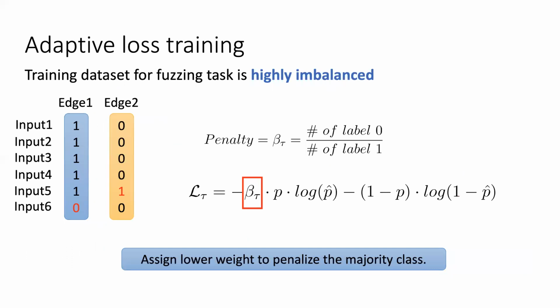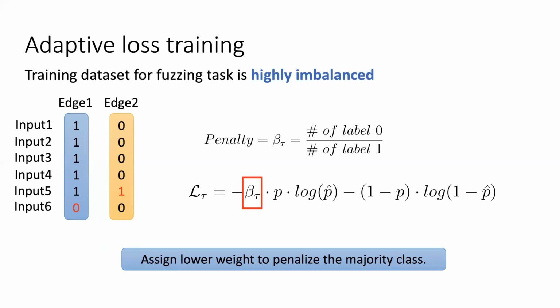After explaining the three individual tasks in our model, I will briefly introduce how we train the multitask neural network. A known issue for machine learning-based fuzzing is imbalanced dataset because the training samples are generated by fuzzer, and the fuzzer tends to maintain a minimum set of unique inputs. Here is an example.